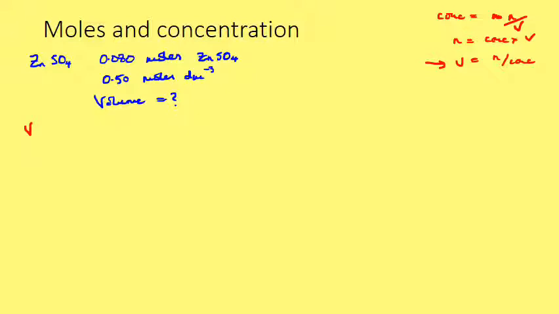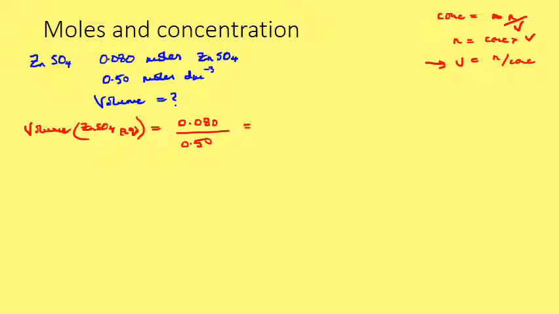So our volume of zinc sulfate solution is going to be equal to the number of moles, which we're given to two significant figures, 0.080, divided by the concentration, which is also given to two significant figures, 0.50.